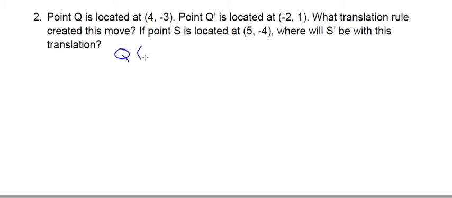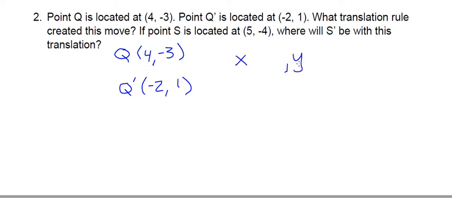Point Q was located at 4, negative 3, and point Q prime is located at negative 2, 1. I need to figure out what has happened to the x coordinate, and also what has happened to the y coordinate. I've gone from positive 4 to negative 2, so I know that I've subtracted. To get from positive 4 to negative 2, that's subtracting 6. So my x-coordinate rule is x minus 6.